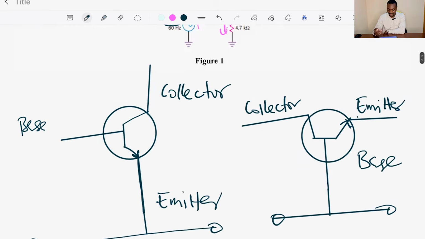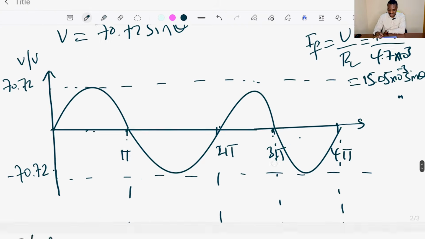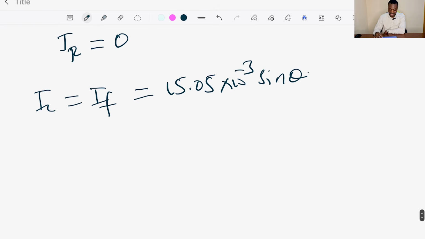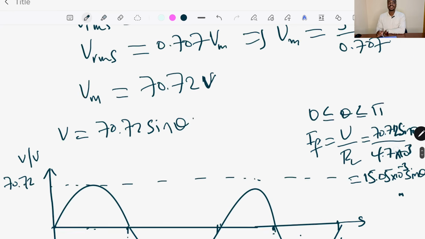The peak load current is just equal to 15.05 times 10 to the power minus 3, which is 15.05 milliamps.